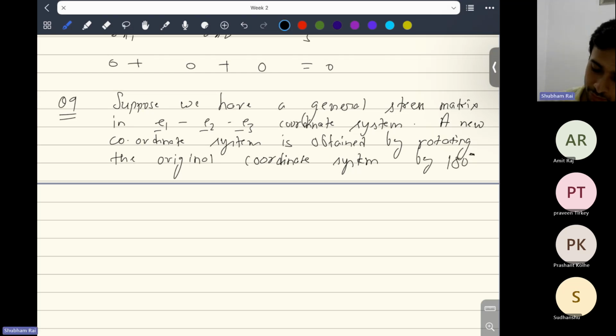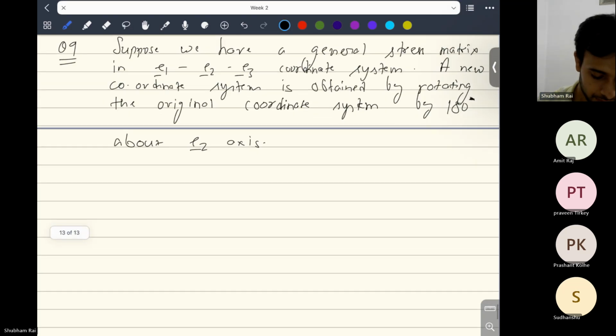But this rotation is about the E2 axis. The stress matrix in the new coordinate system is evaluated.